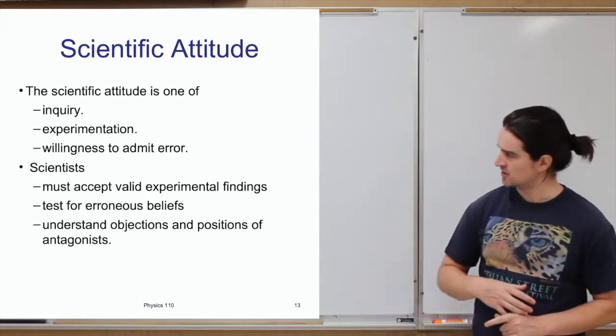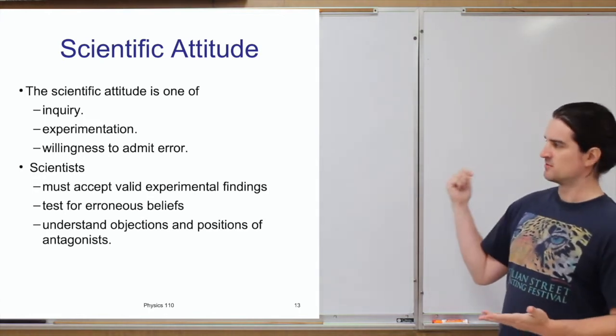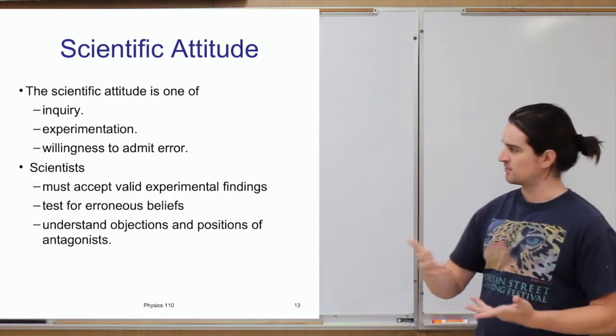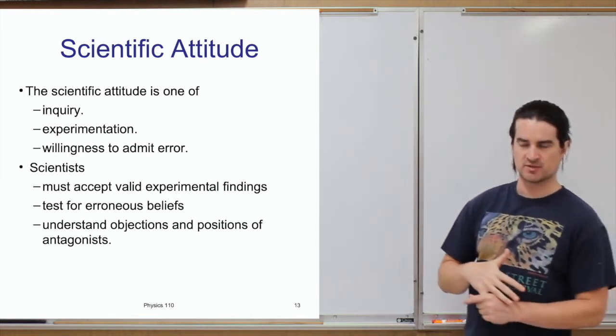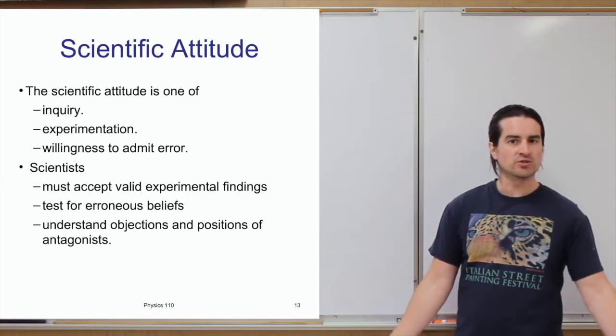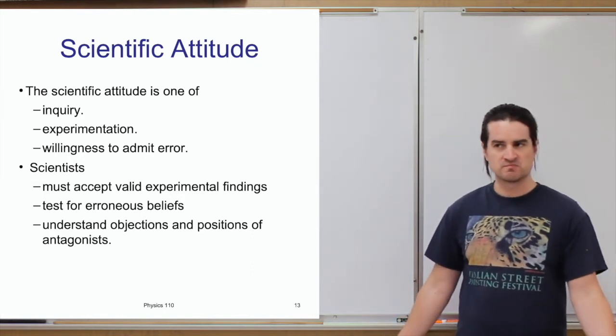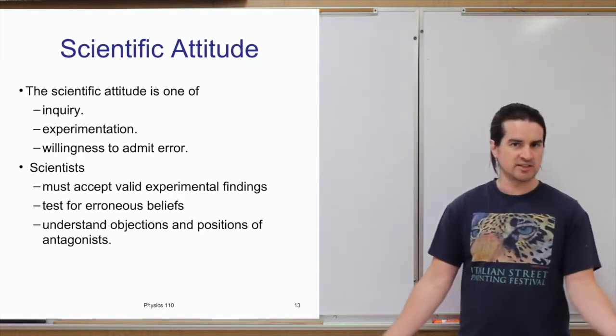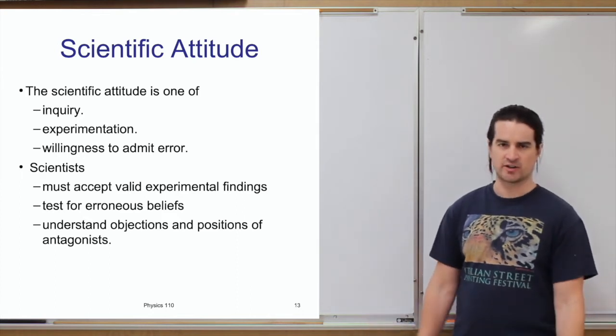Beyond that, very related to the last one, you should accept valid experimental findings. So if somebody does an experiment and they report results that are unfavorable to you for some reason, you've got to accept it. That's how science works. Science doesn't care if you like it or not.